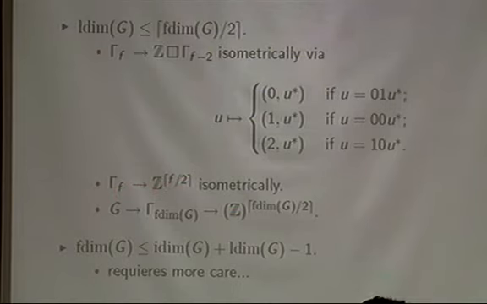So for each 2 dimensions less, you need an extra Z. And now you have a graph that isometrically embeds here, then this isometrically embeds here, and therefore you get this bound. Because what you get here is also an upper bound for the lattice dimension.